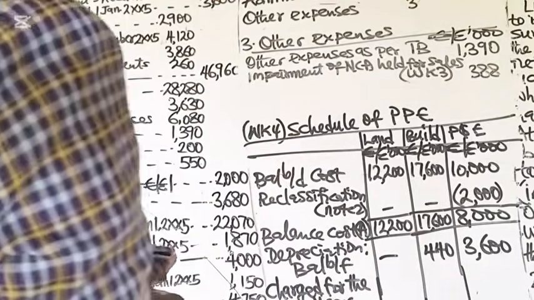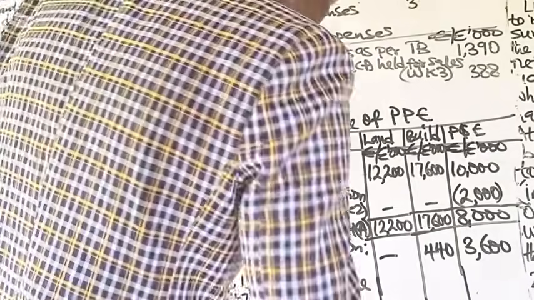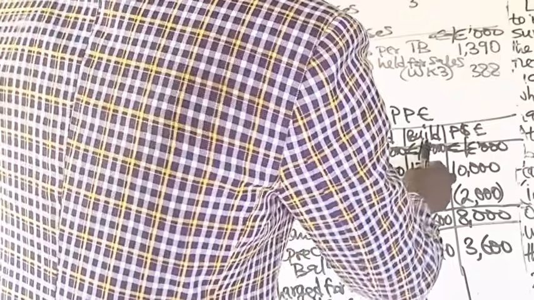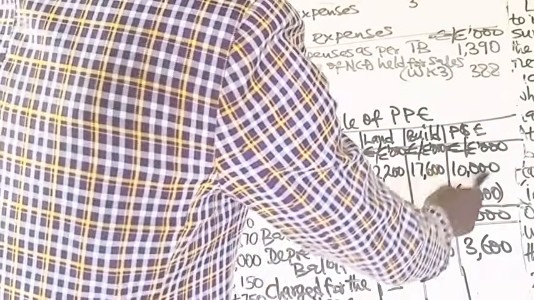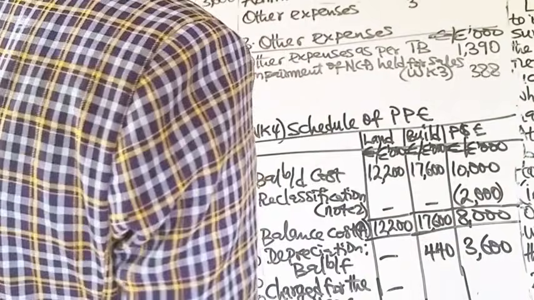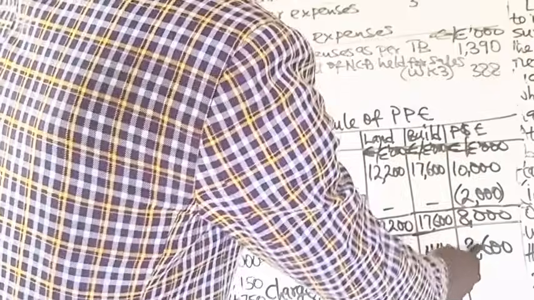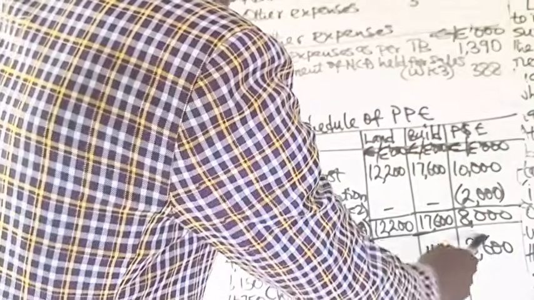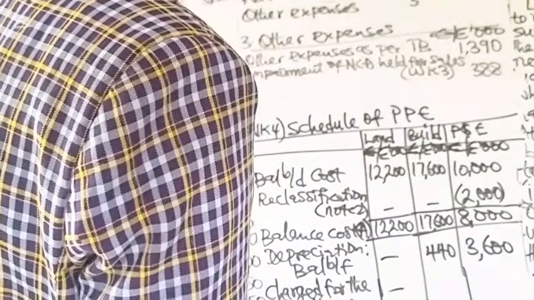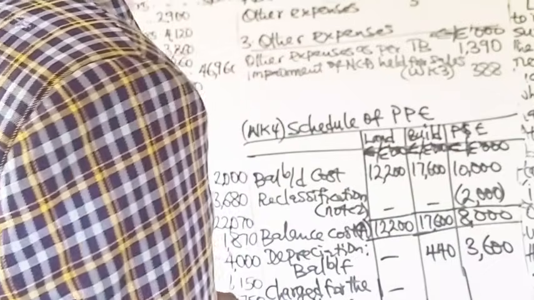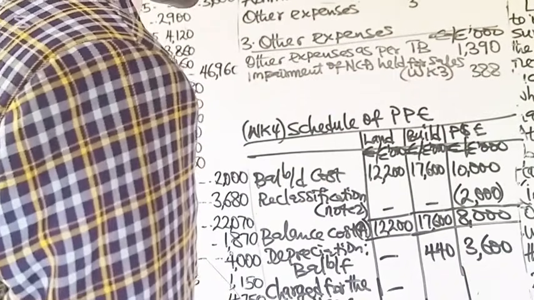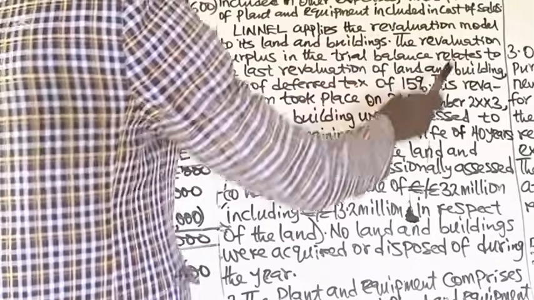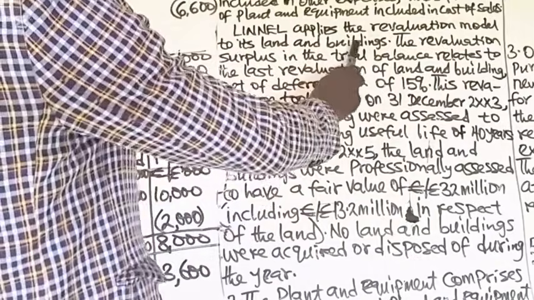Remember, a straight line method is to be used in depreciating the building, and reducing balance method is to be used in depreciating plant and equipment. And we've calculated the depreciation on plant and equipment, which has been included in cost of sales according to the requirements of the question. Linen applies the revaluation model to its land and buildings.